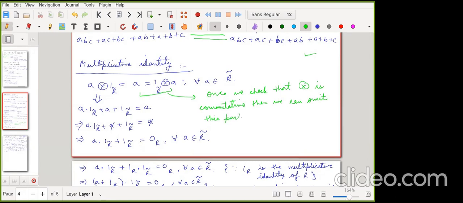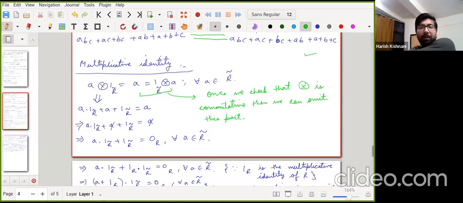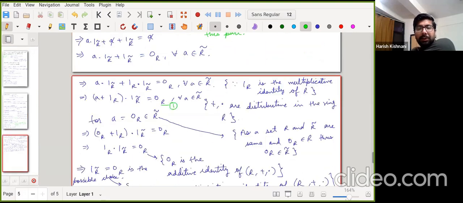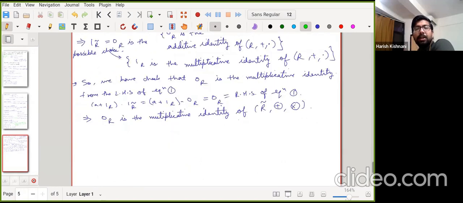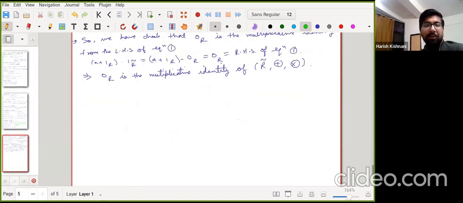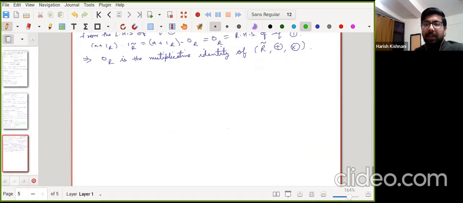Okay, and that's going to be our next agenda, because we have already shown that the ring is closed under multiplication. It satisfies the associative property. It is having the unit. Now the next part is to show that the multiplication is commutative.